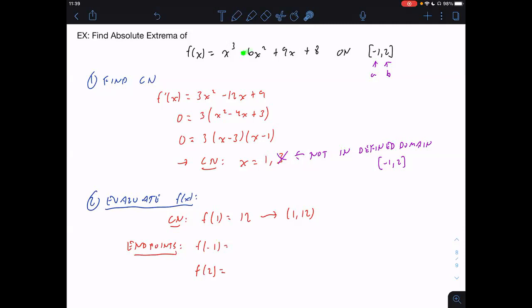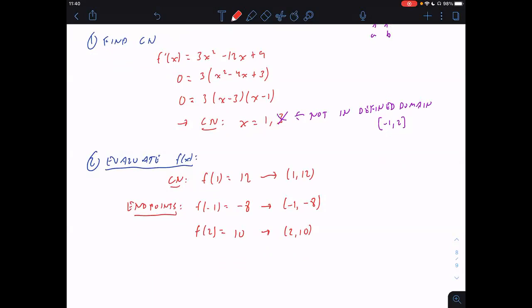All right, so if we plug in -1 to this function, it's going to give us -1 minus 6 minus 9 plus 8, which gives us -8. So at -1, we get an output of -8 for this function. And now we plug in 2, our upper endpoint, into our original function. We get a value of 10. So at 2 we get 10.